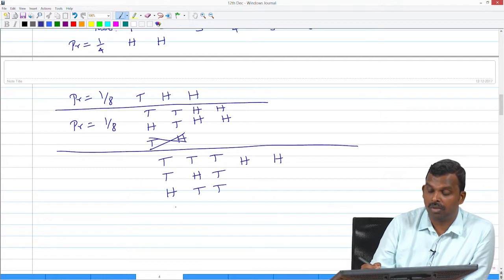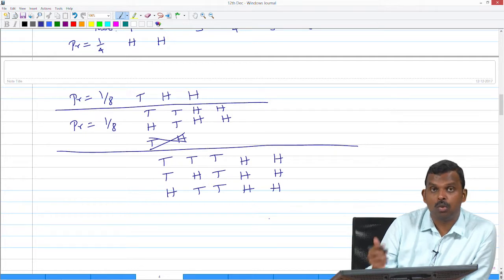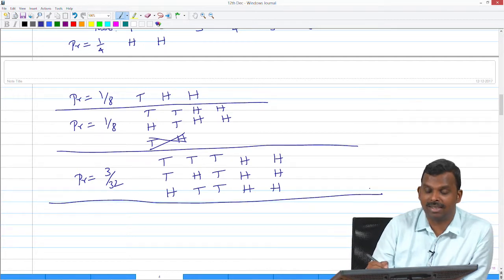That is it. These are the 3 possibilities under which you can have 2 consecutive heads appearing only in the fifth place. Each one of these is 1 by 32 in probability, so you have 3 by 32. So, you see the probability is dropping quite drastically, and it is not really very easy to compute.